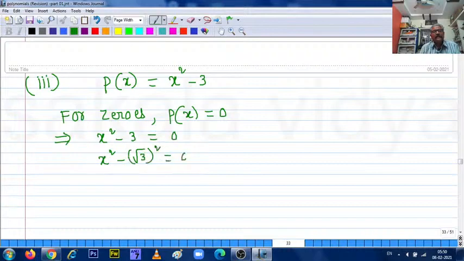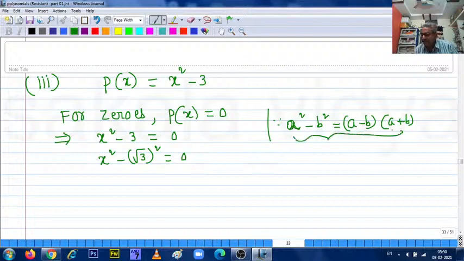3 can be written so. Here one interesting factor is that we have the a square minus b square formula. A square minus b square equals to a minus b times a plus b. This is a very important formula, you need to remember. So x square minus root 3 whole square is equal to 0.